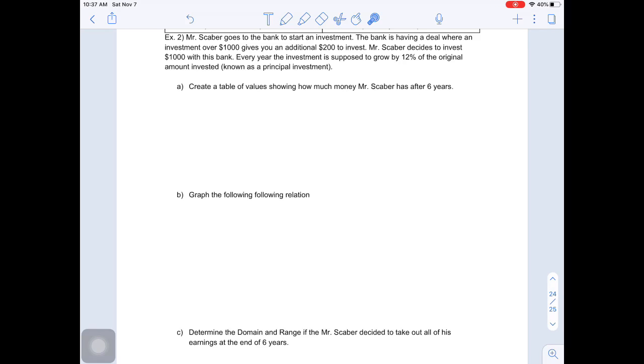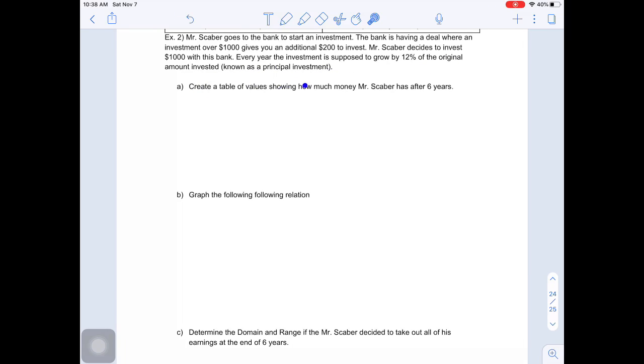Okay, so here, Mr. Skaber, so myself, I'm going to go to the bank to start an investment. The bank is having a deal where an investment over $1,000 gives you $200 to invest. Mr. Skaber decides to invest $1,000 with his bank. Every year, the investment is supposed to grow by 12% of the original amount invested.